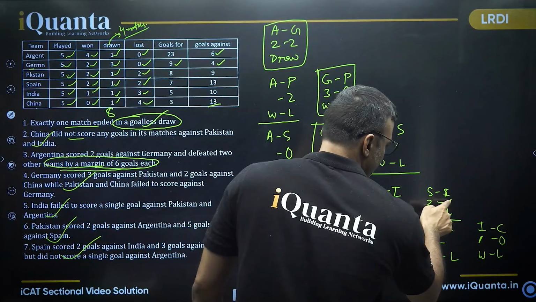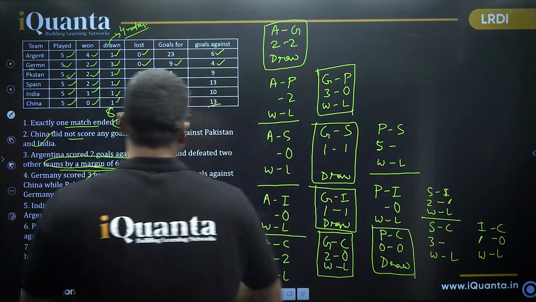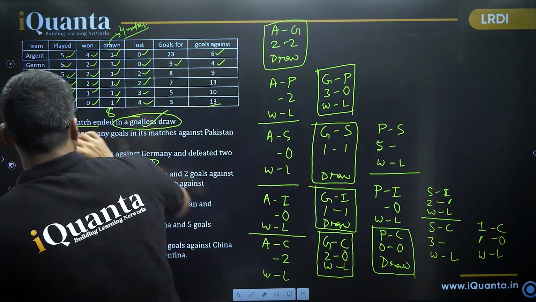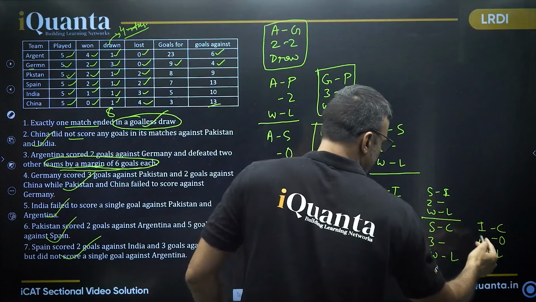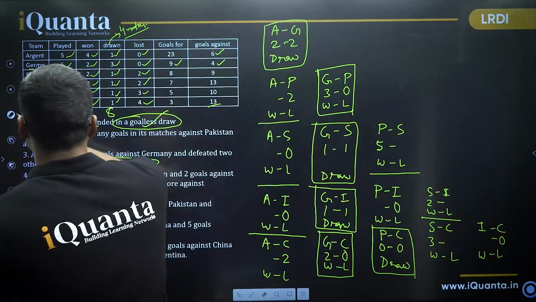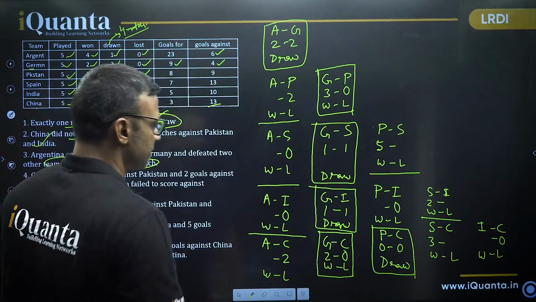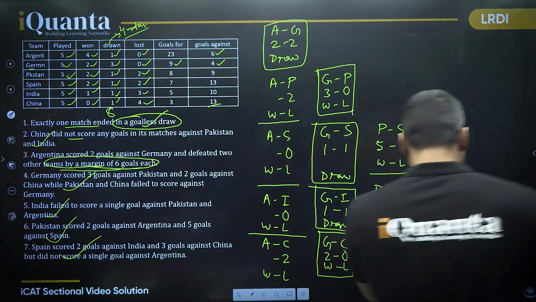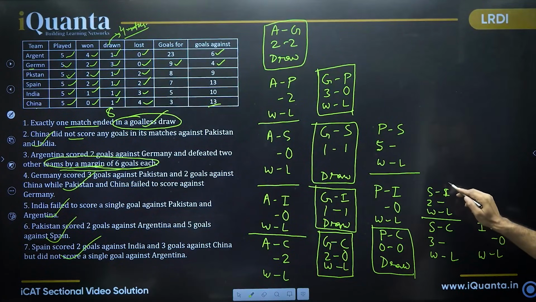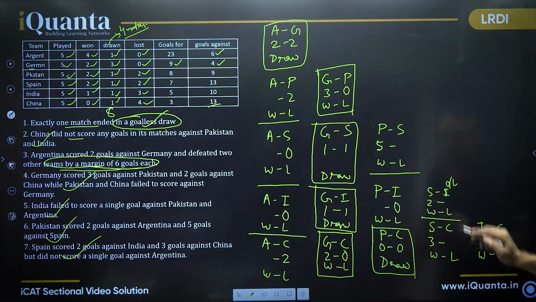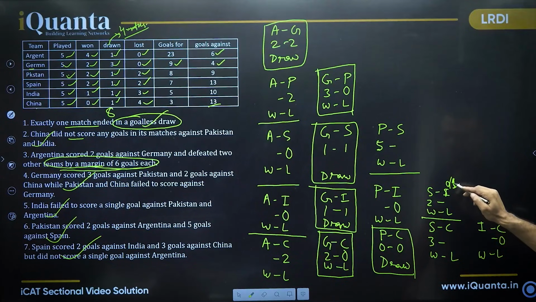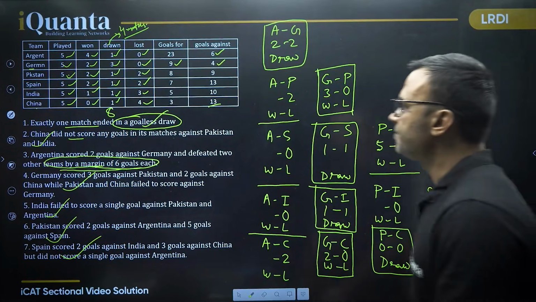So this has to be a maximum of 1, or it can be 0. There's nothing else to be checked. So we'll keep in mind for India here it will be either 0 or 1, so that when we come back to this, we create cases.